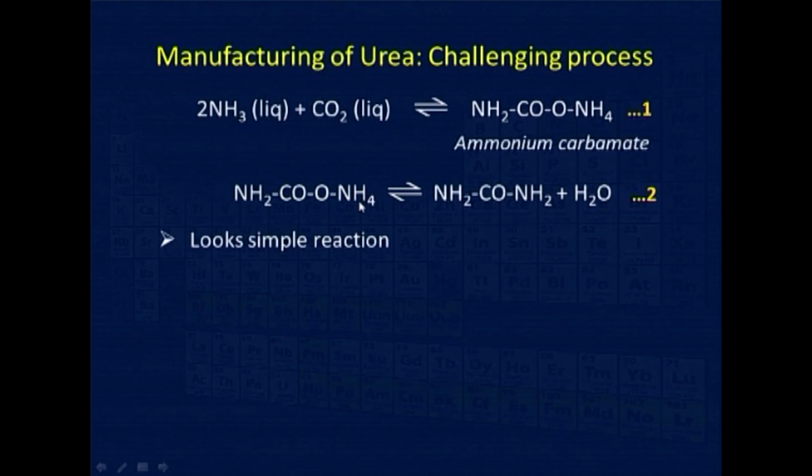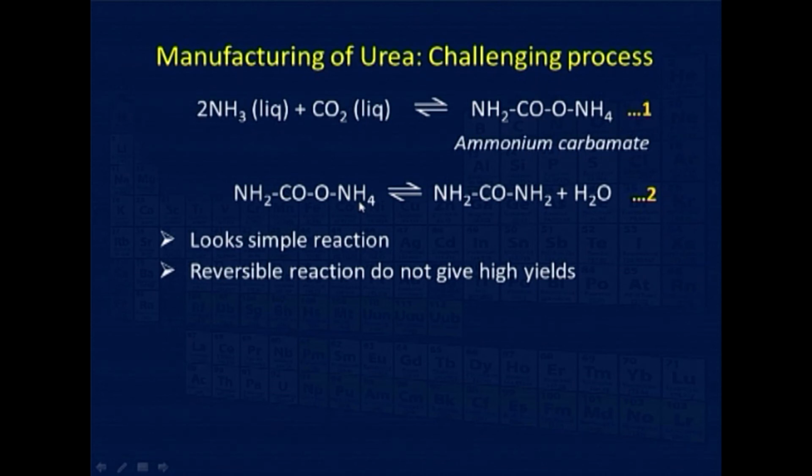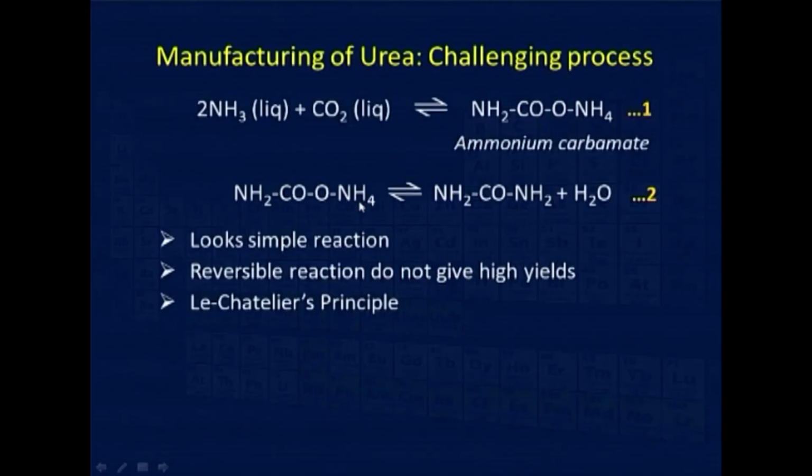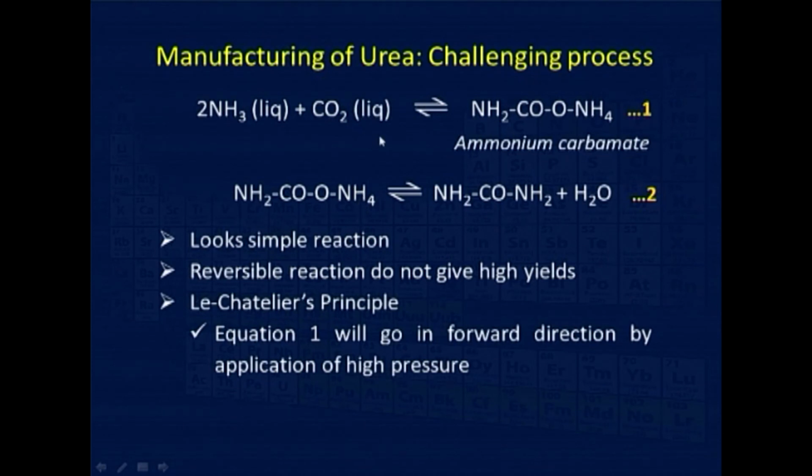But both reactions, if you see carefully, are reversible in nature. Normally in industry, reversible reactions do not give high yields. Also, if you apply Le Chatelier's principle, reaction 1 will go in the forward direction only when the pressure is high, because there are two reactants and one product.